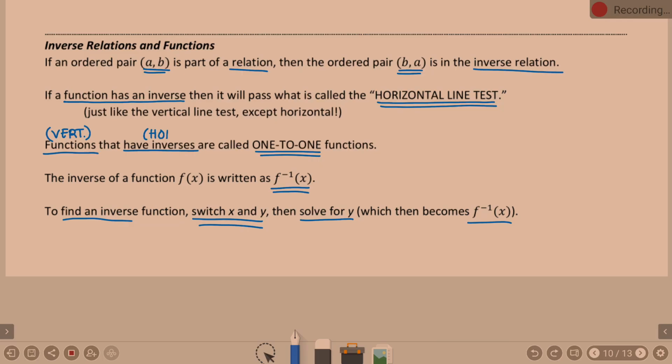It has to pass the horizontal line test. So what's that mean about if something is one-to-one? What's it going to have to pass? It's going to pass both vertical and horizontal line tests.